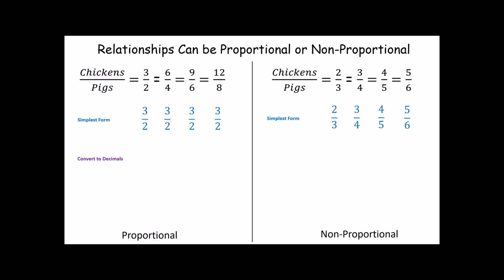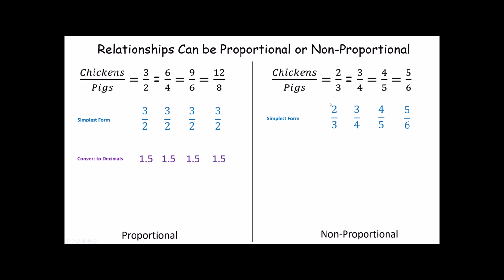Method number two, we could convert all of these into decimals. 3/2 over on the left is 1.5. 6/4 is 1.5. 9/6 is 1.5, and 12/8 is 1.5. When we put them in decimal form, they all must match, just like when they were fractions in simplest form.